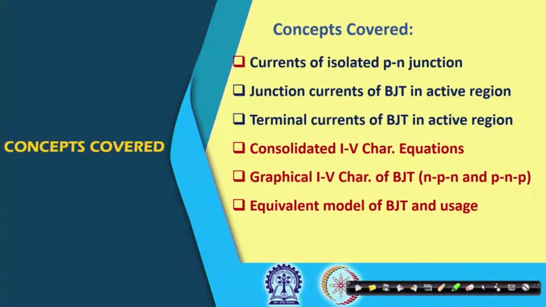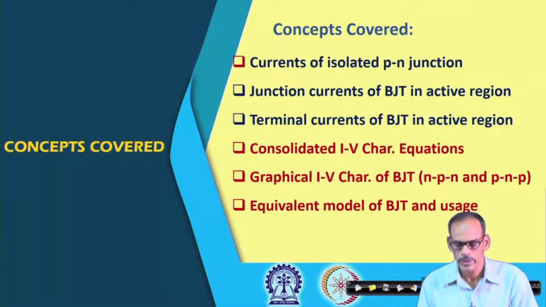We will also look into the difference between the IV characteristic of a PNP transistor and an NPN transistor, because the working principle so far we have dealt with in detail for the NPN BJT. So we do not want to repeat it for the PNP transistor, however, you can apply it to the PNP transistor.